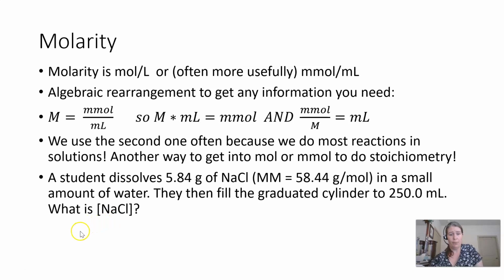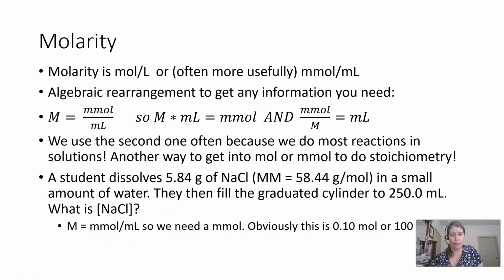Well, the problem with this problem is it's in grams, not in moles. But since we have the molar mass, we can easily do that. This is carefully chosen numbers. 5.84 is obviously 10% of the molar mass, so that'd be 0.1 moles.